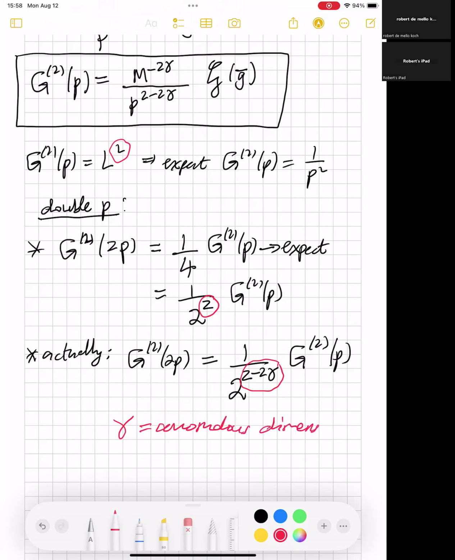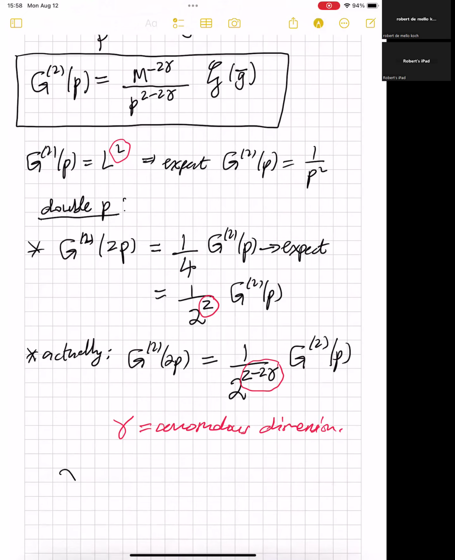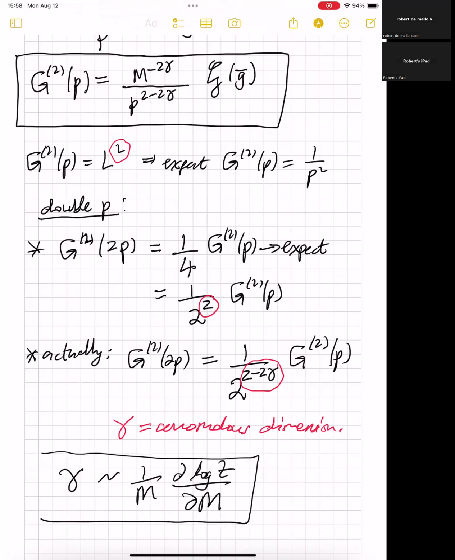And where did this anomalous dimension come from? Well, you should remember how we got gamma. Gamma was something like 1 over m d log z dm. So it came from the wave function normalization. When you change the momentum by changing units, of course you've changed the field strength because the field strength has a unit, but you also have to keep rescaling the field so that it keeps producing a particle with probability equal to 1.